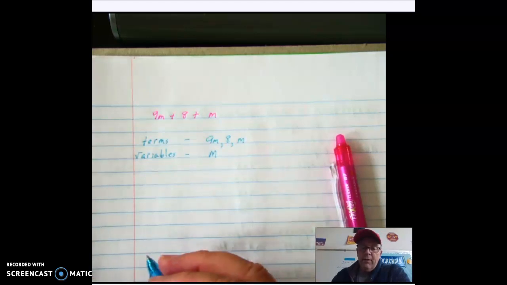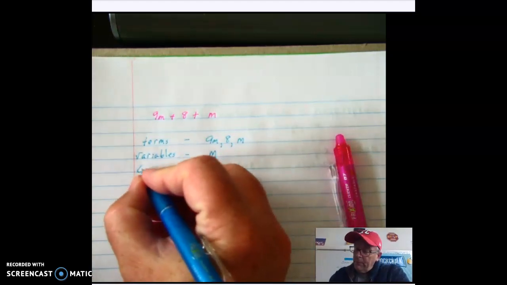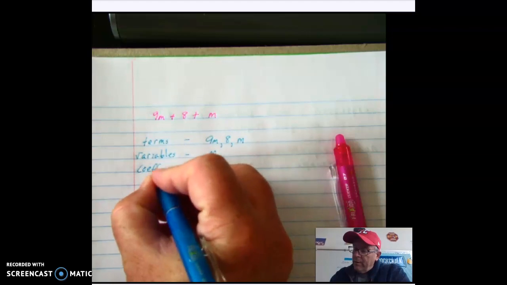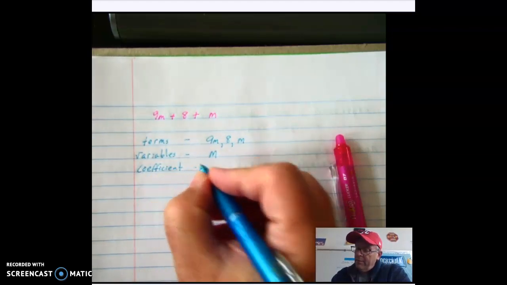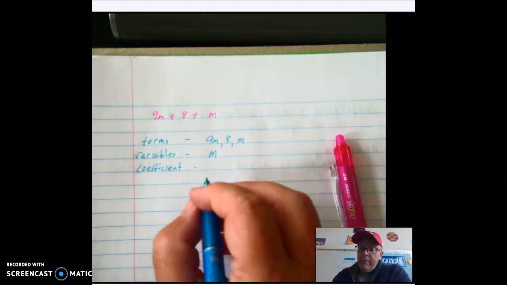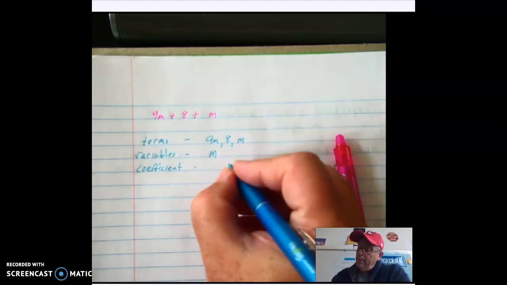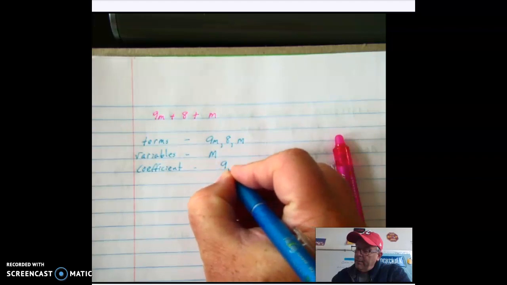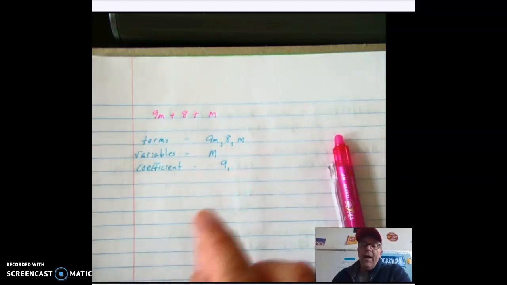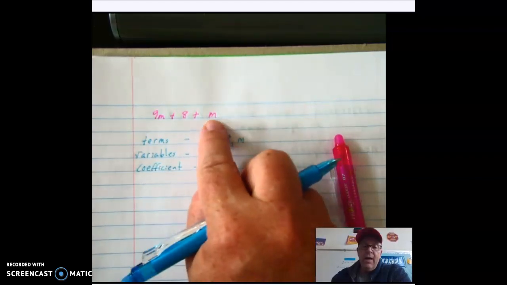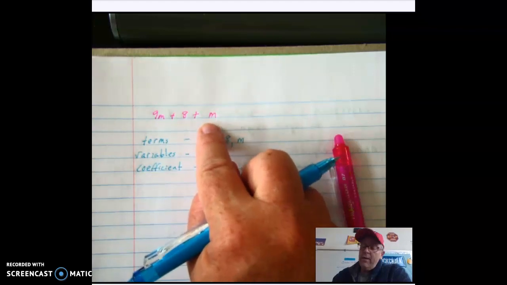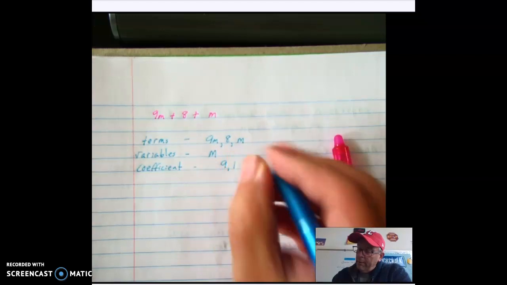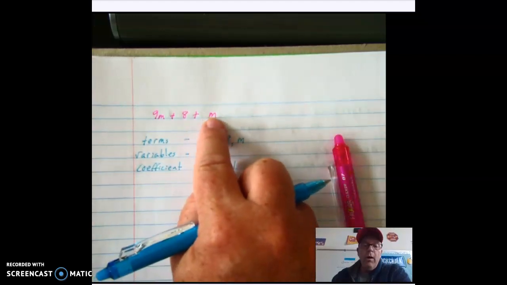All right, here's an important one for us. Remember, a coefficient is the number stuck to the variable. So one of these is easy to see, 9. But guys, I have another one. This m has an imaginary number in front of it. The number in front of it is 1, because that means I have one m.